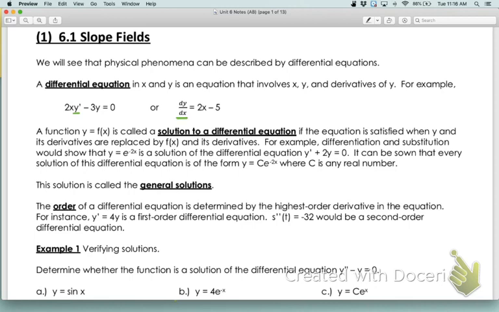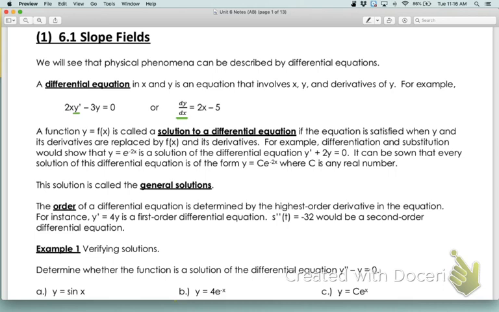Here's one right here that has a dy dx, which is the same as the derivative of y with respect to x. Any function y equals f of x would be considered a solution to that differential equation if that equation is satisfied when y and its derivatives are replaced by f of x and its derivatives.